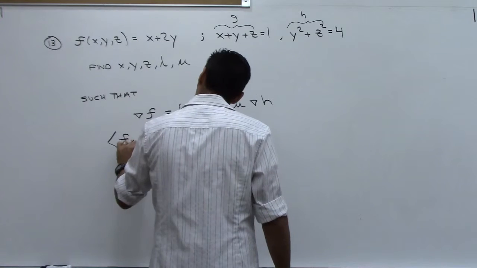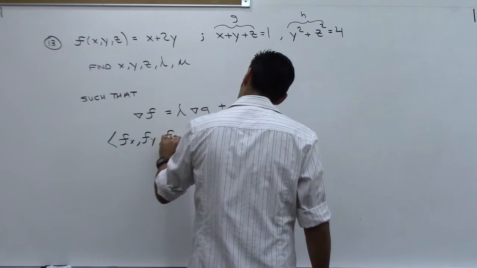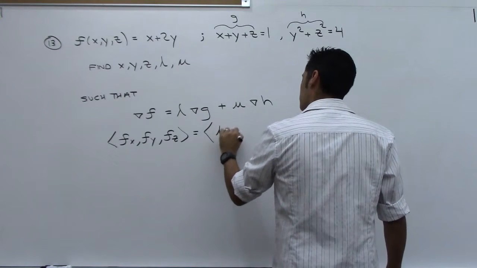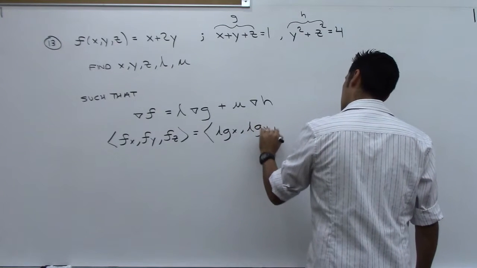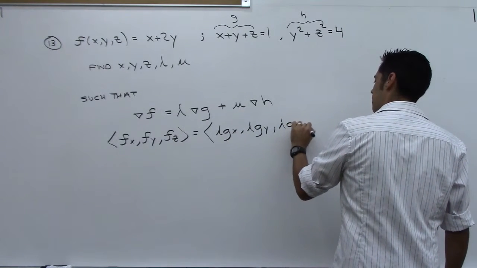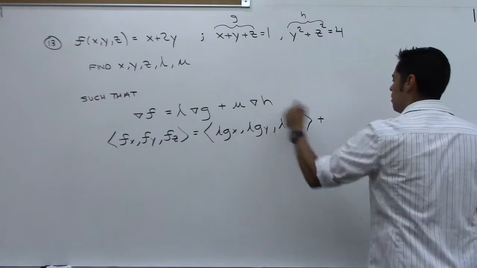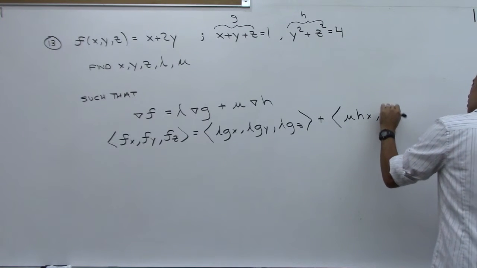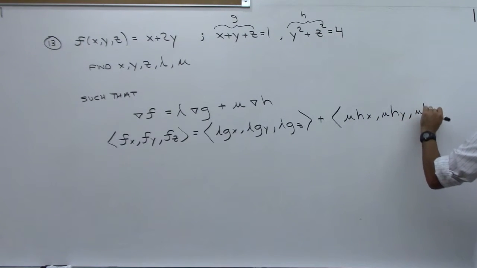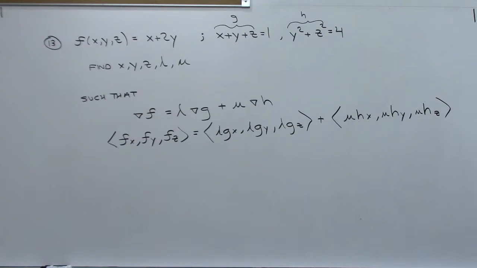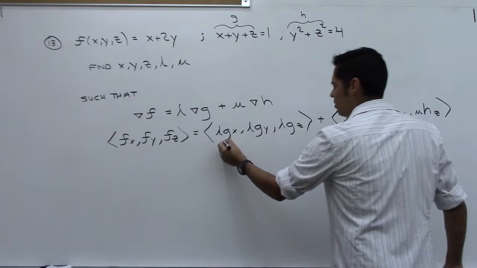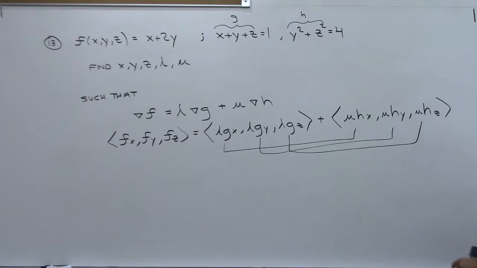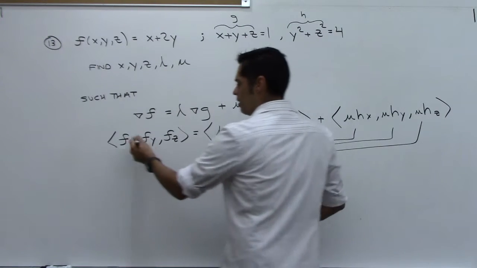Partial of f with respect to x, partial of f with respect to y, partial of f with respect to z must be equal to, I'll pass the lambda through here, lambda partial g with respect to x, lambda partial g with respect to y, lambda partial g with respect to z, plus pass the mu through, mu partial h with respect to x, mu partial h with respect to y, mu partial h with respect to z. And now, because when you add two vectors together, you add their components together.